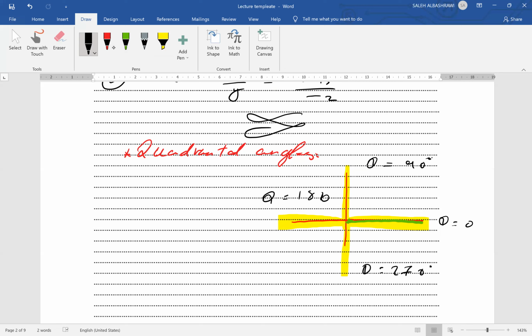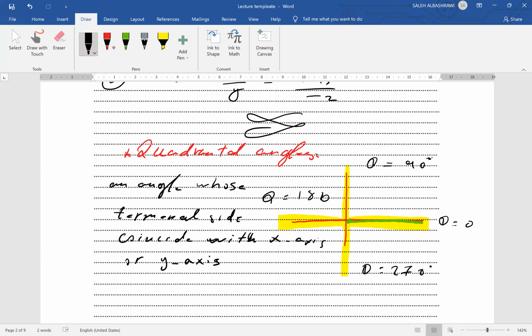So the quadrantal angle means it is an angle whose terminal side coincides with the x-axis or y-axis, or lying on the x-axis or y-axis.